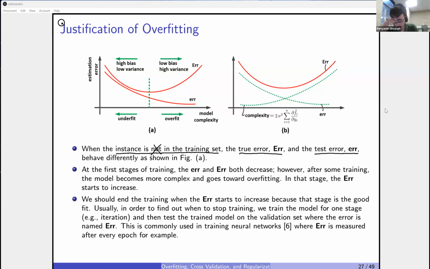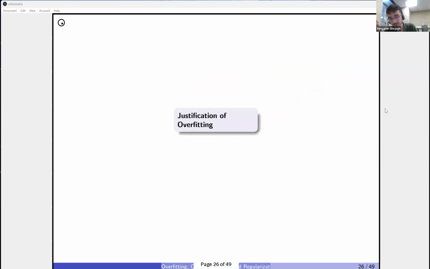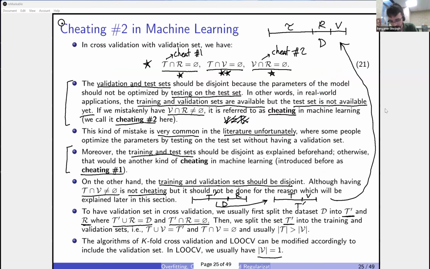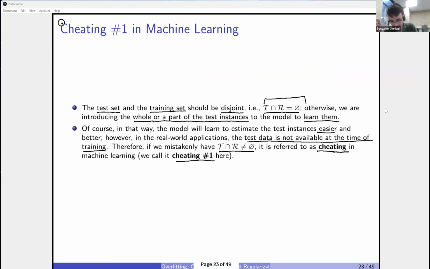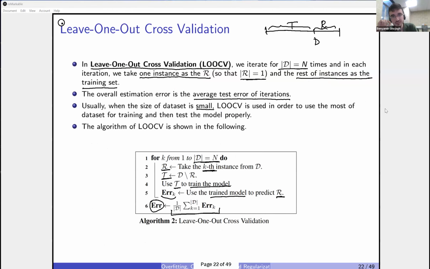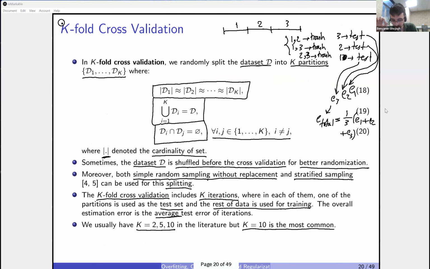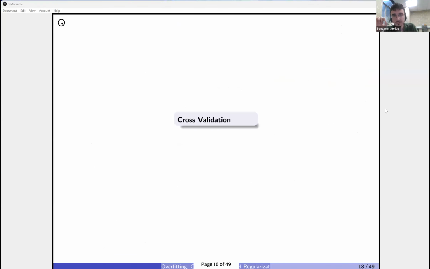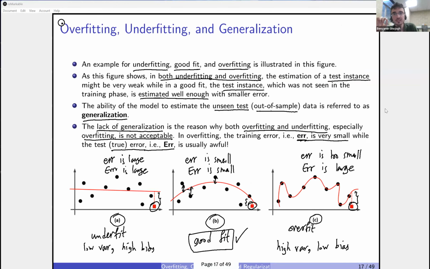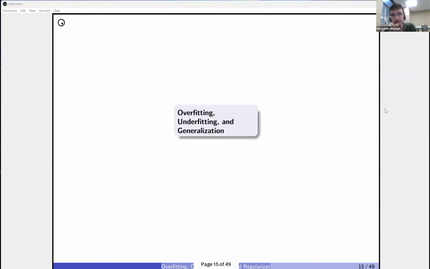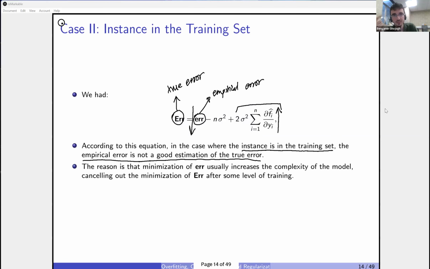Why? Do you remember this? Here, let me go back. Again, as my device is slow, I need to do it slowly. I apologize. So here, recall what we had in this equation, in case 2, where the instance is in the training set.